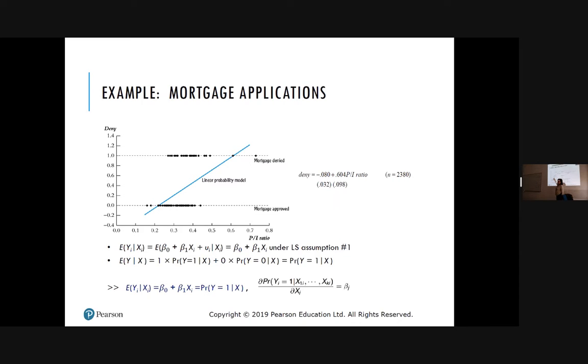When we have people who can afford to pay the loan because they have a high income, then whether this payment to income ratio is 0.2 or 0.21 doesn't really make a big difference in terms of whether they will be accepted or not. So we want something where there is a higher effect of increasing x on the probability of being accepted in the middle, and for extreme values of x we have lower effects.